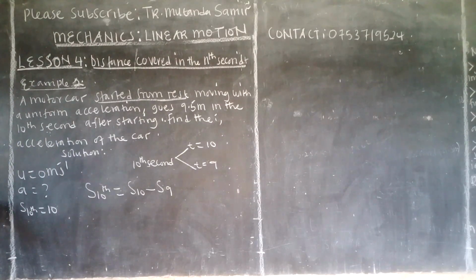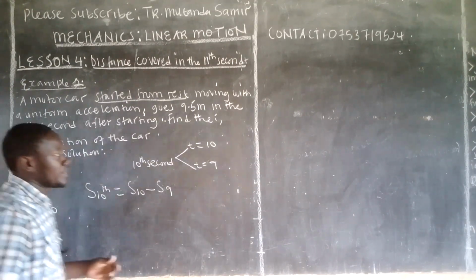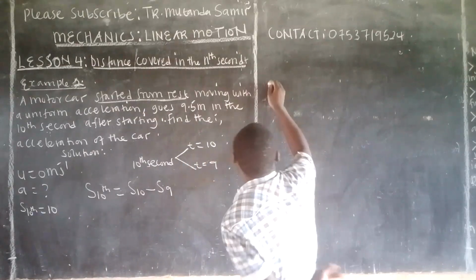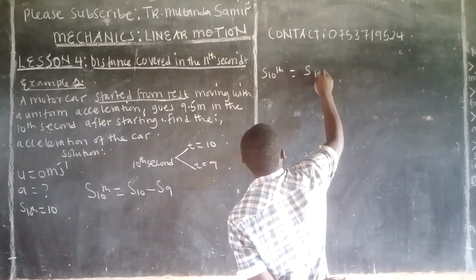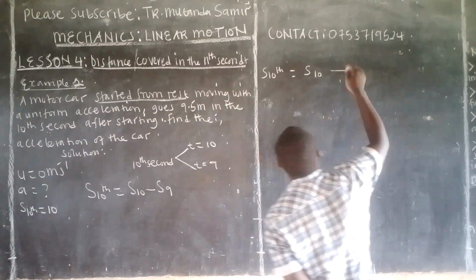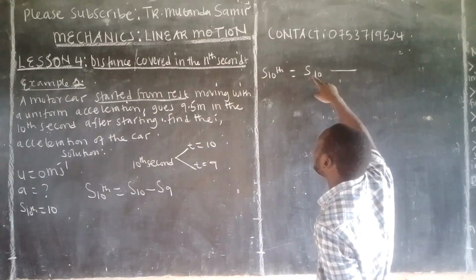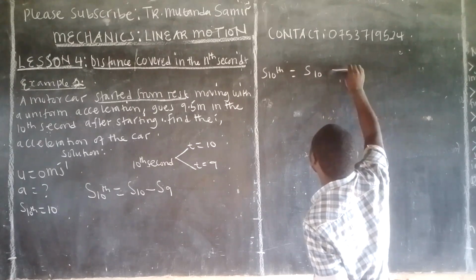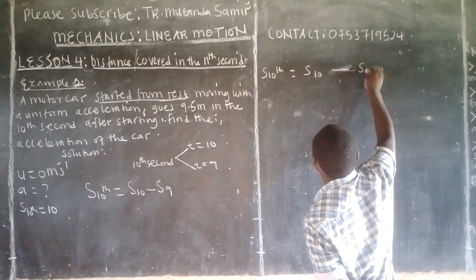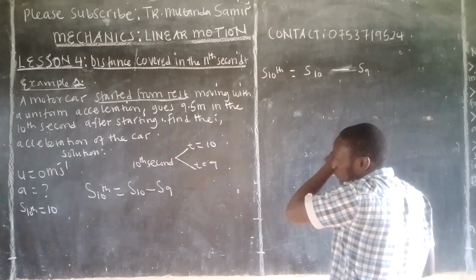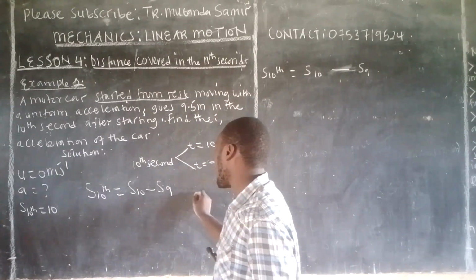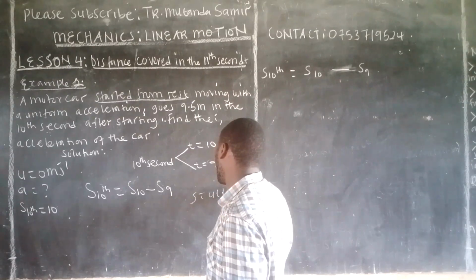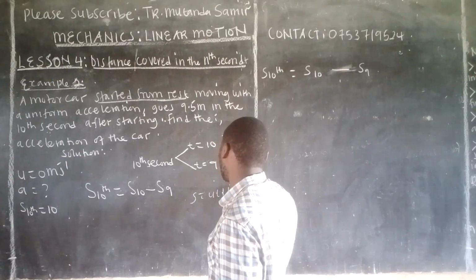So now the equation we are going to use: S10th will be equal to S at 10 minus S at 9. We are using the second equation of motion, that is S is equal to ut plus a half at squared.